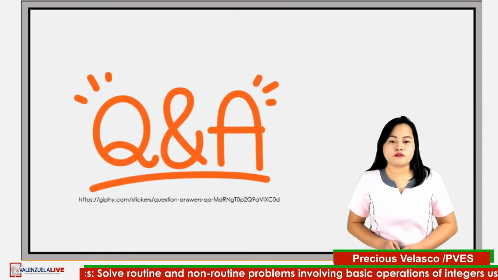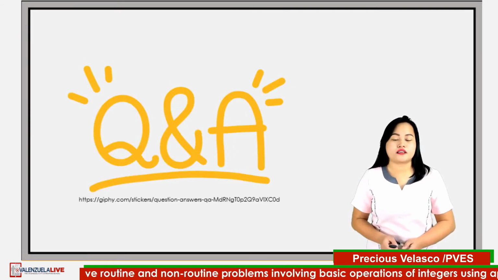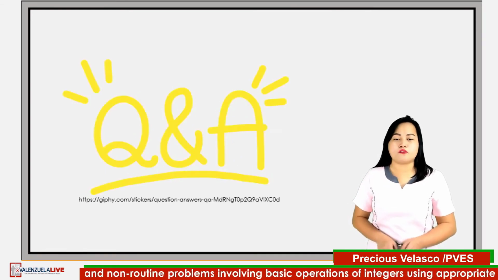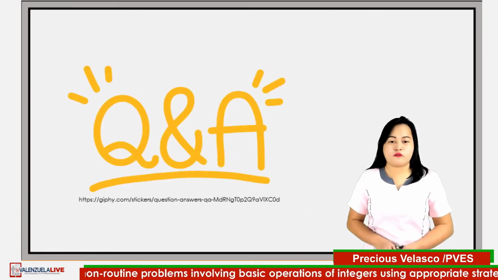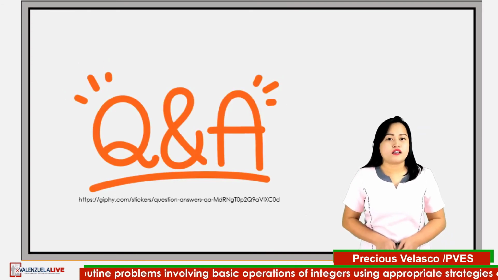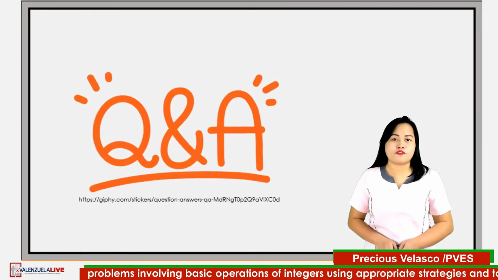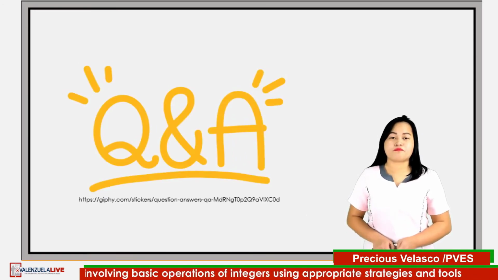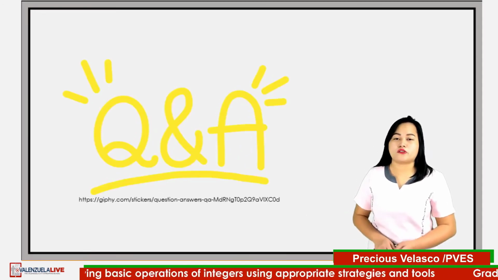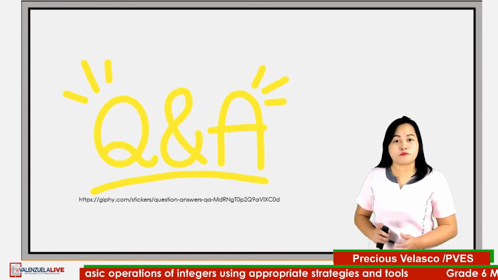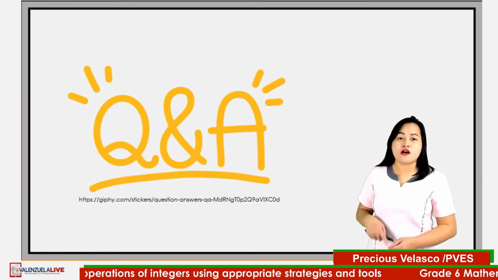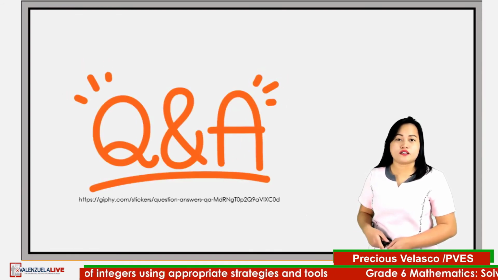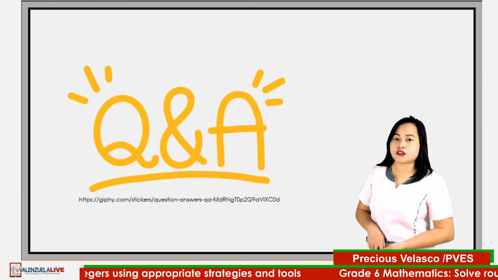And I'm going to answer this one. It says here, how do you know what operations you're going to use? Well, you are going to look for the words which give a clue to find out what operation you're going to use. Like on our first problem, it says we are going to find the difference. Well, if it's difference, it is eventually a subtraction operation.